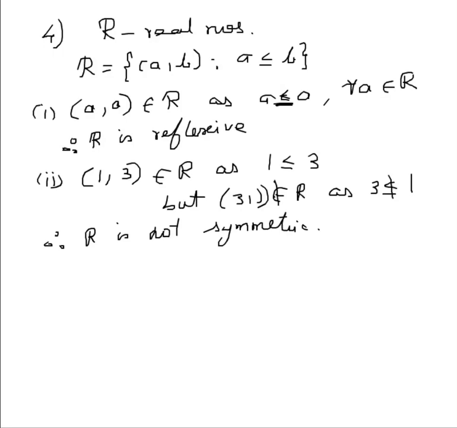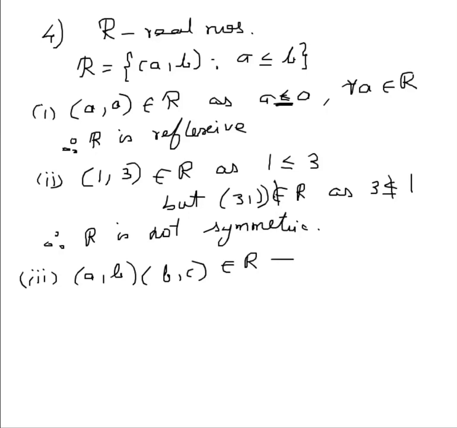Next we have to show that it is transitive. So we have to write the general proof. We cannot use examples to prove that the condition is true. So let us consider two elements (A, B), (B, C) belonging to R. For a transitive condition, you have to take the element B common.